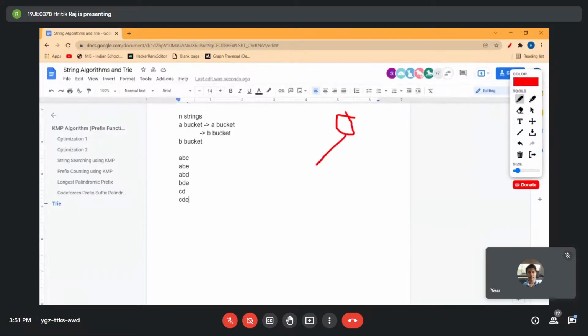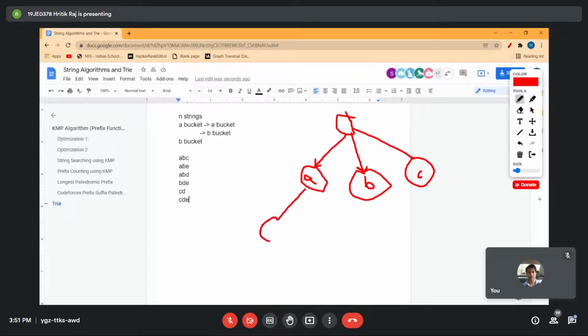There is one node which will represent the empty string, that is nothing. Then we have one node for all those starting with A, kept as children of this node. All those starting with B will be kept as a subtree of this node. All starting with C will be kept as a subtree of this node, and similarly for all other letters.